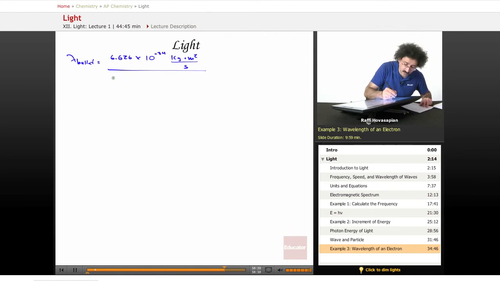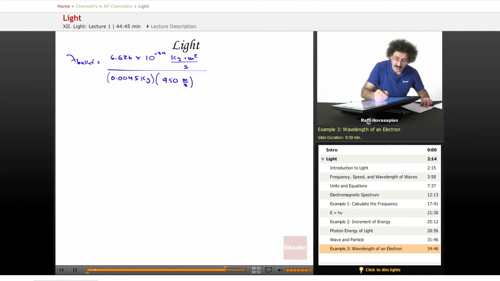So 4.5 grams is 0.0045 kilograms. And we said it's traveling at 950 meters per second. Very, very fast. So second cancels second, meter cancels one of the meters, kilogram goes with kilogram, and what you end up with is 1.5 times 10 to the negative 34 meters.